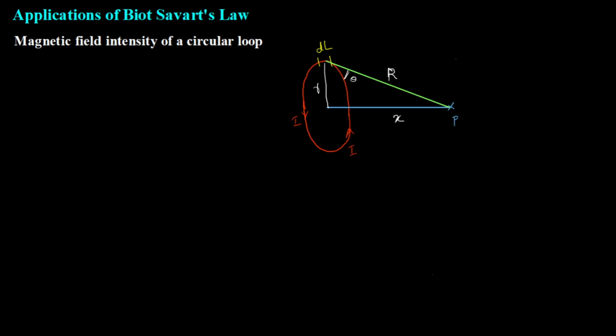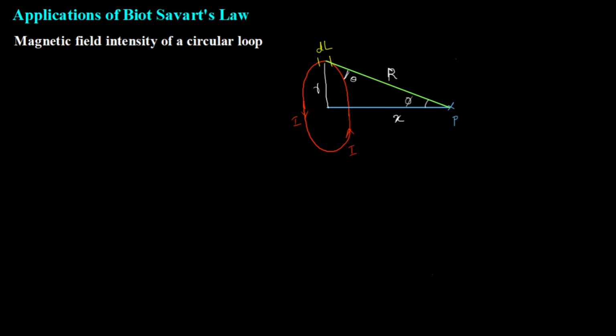And I'll consider an angle at point P also, because that angle is going to vary when dl is varying throughout the loop. If this dl is somewhere here, then my line joining will be this. Theta remains the same, but phi will decrease. So phi is the angle variable which tells me where exactly this dl is located on this circular ring. So this is angle phi.